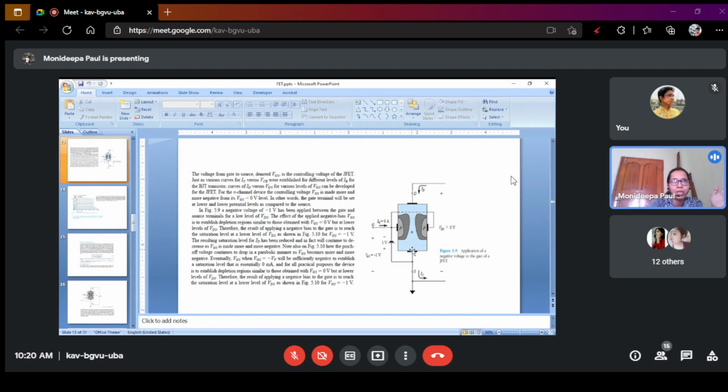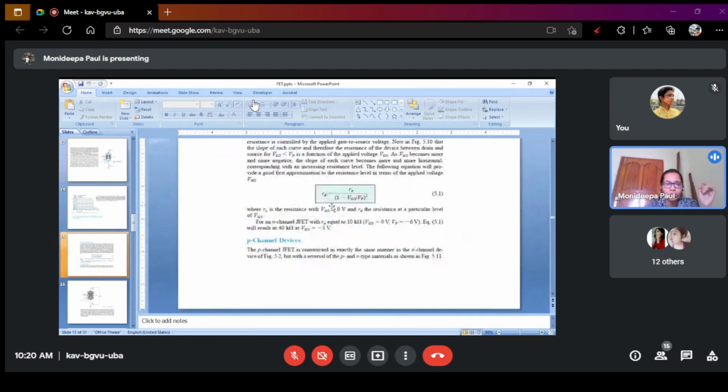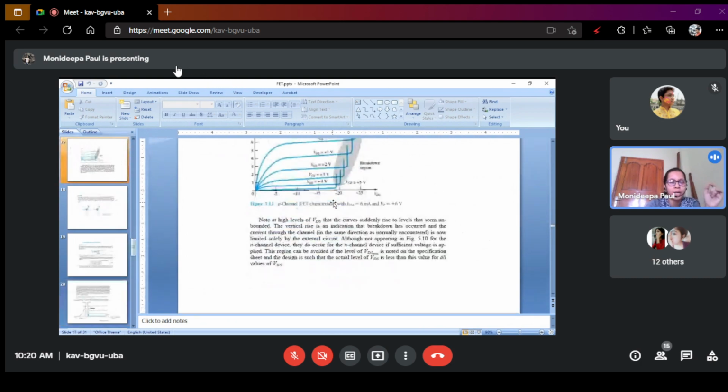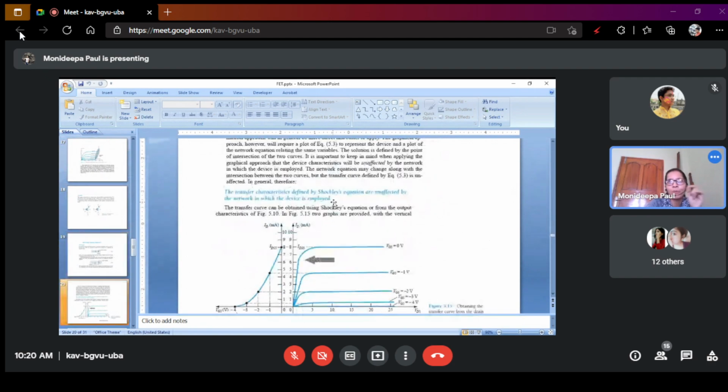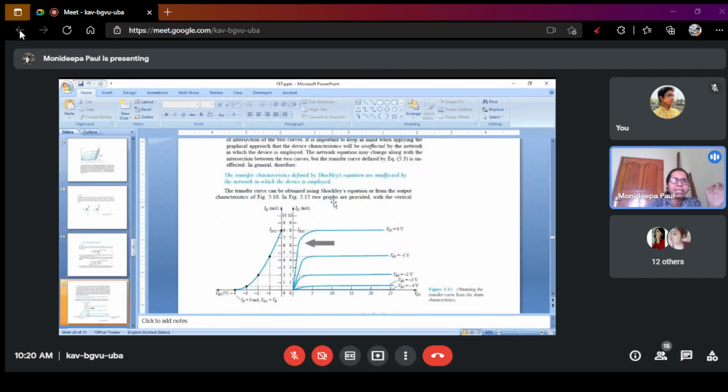That means ID will be 0. When VGS is equal to VP, at pinch-off voltage, ID will be 0. These are the two conditions. By applying these two conditions, we can easily draw the transfer curve for any value of IDSS and VP.